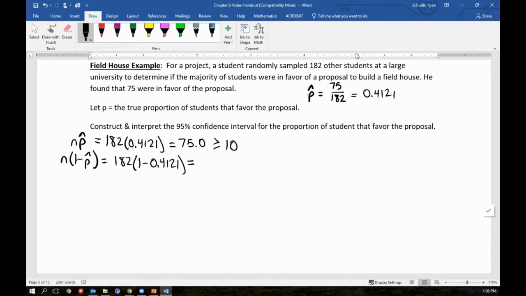What did we get for this one? 107.0. Is this greater than 10? Yes, so it's safe to assume normality. I guess I should put up here safe to assume.